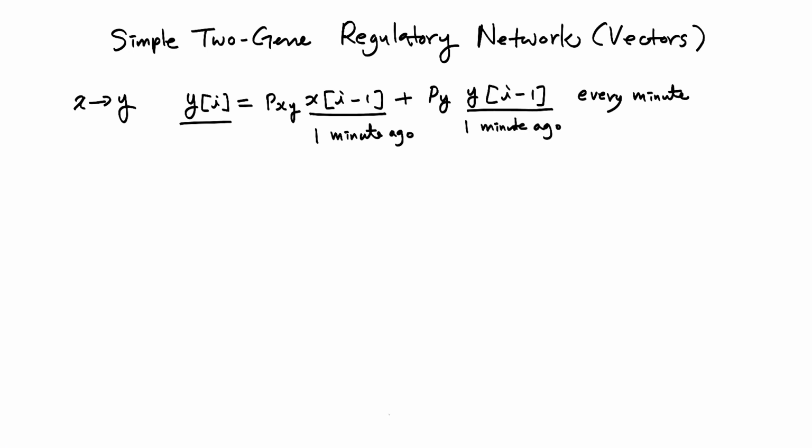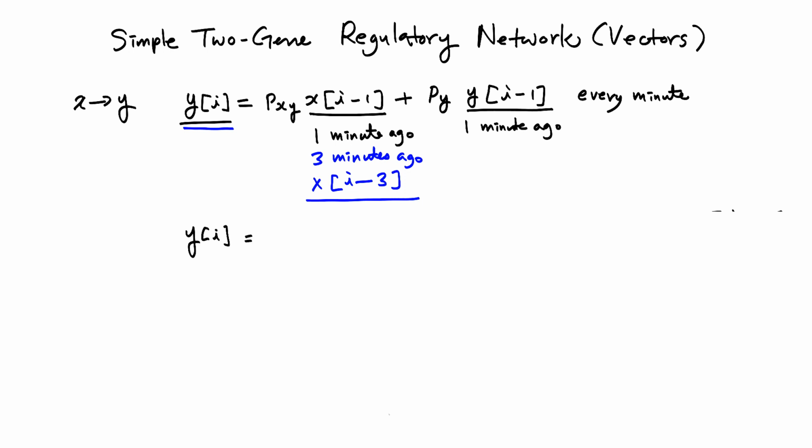But how about if current y protein concentration depends on X protein concentration 3 minutes ago? So this is the term that we need, x of i minus 3. So in this regard, we want to have a general representation of a simple two-gene regulatory network like this.